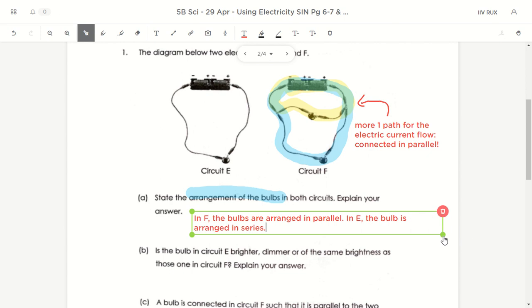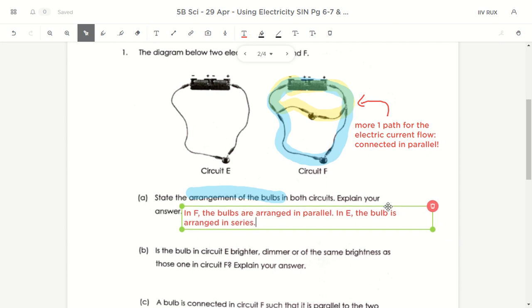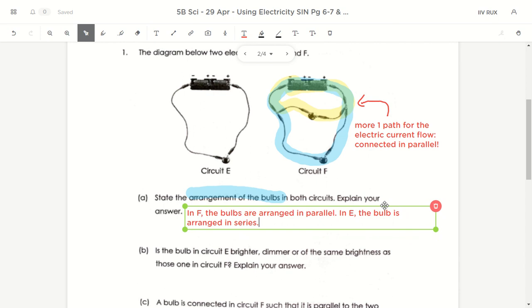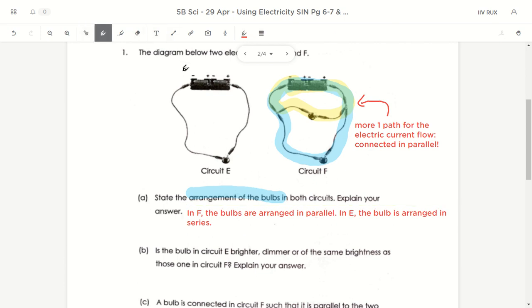You realize that in F, because there's two paths for the electric current to flow, the bulbs are arranged in parallel. But in E, there's only one path. As we have said just now, there's only one path for the electric current to flow. See, there's only one path. So if there's only one path, the bulb is arranged in series.